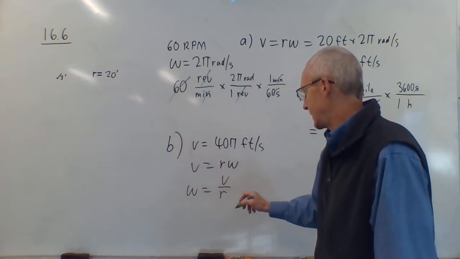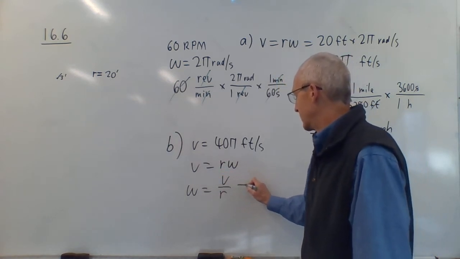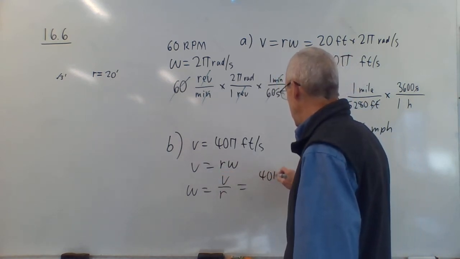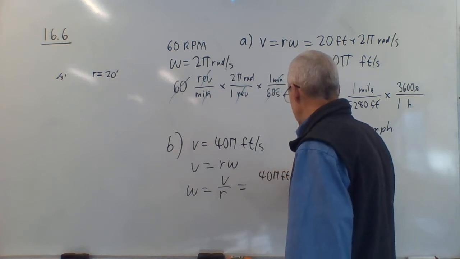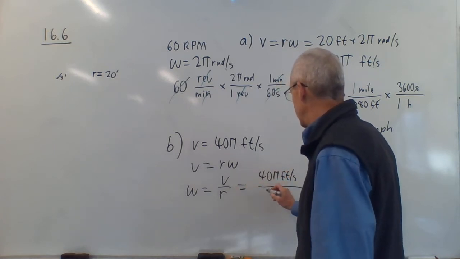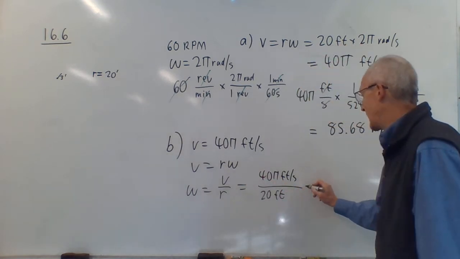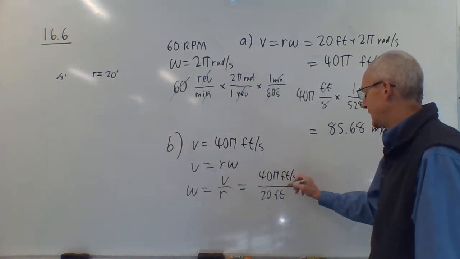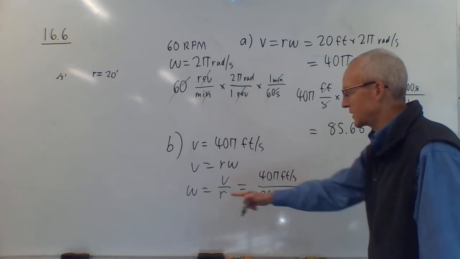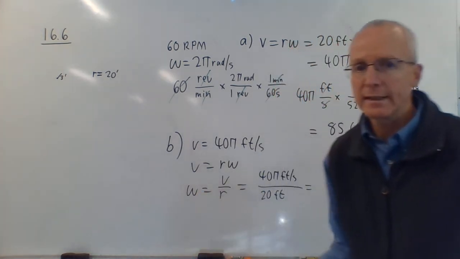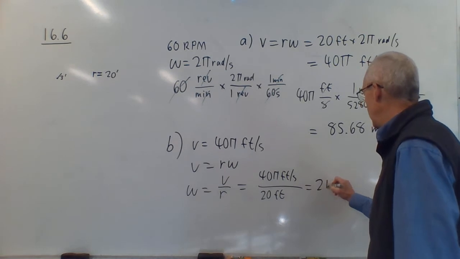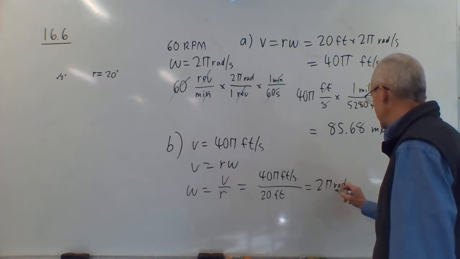Velocity is 40 pi feet per second divided by the radius, which was 20 feet. So that's just 2 pi. Feet cancel, 2 pi per second, which is what omega is, radians per second.